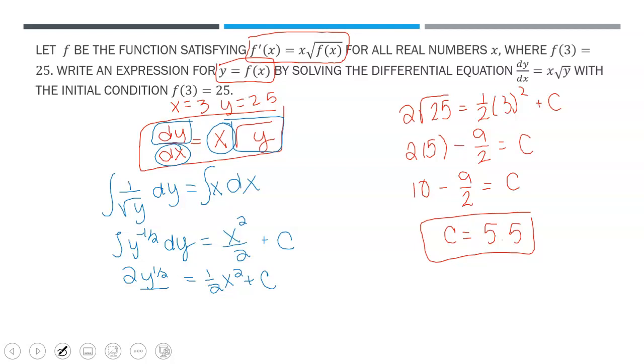Right now I have 2y to the 1/2. I need to solve for y to get my final answer. So I need to take that c value and plug it back in. And since I have fractions and 2's here, I'm going to change that 5.5 to 11 halves. And you'll see why in a second.